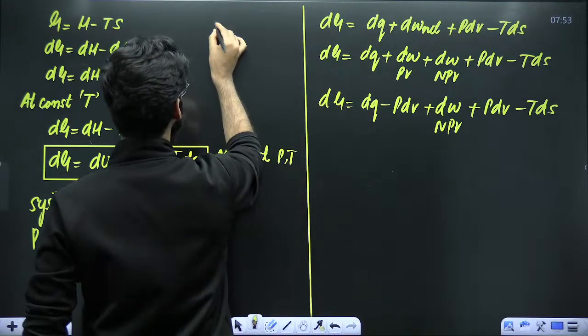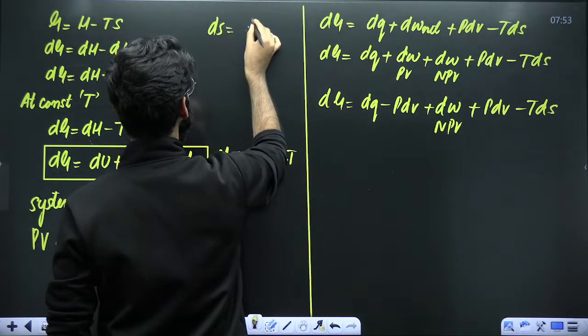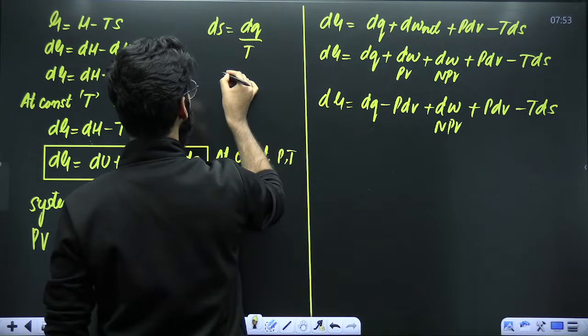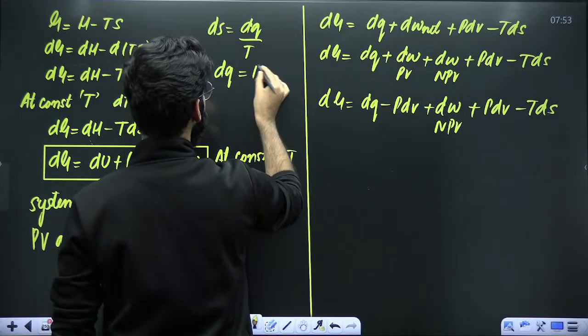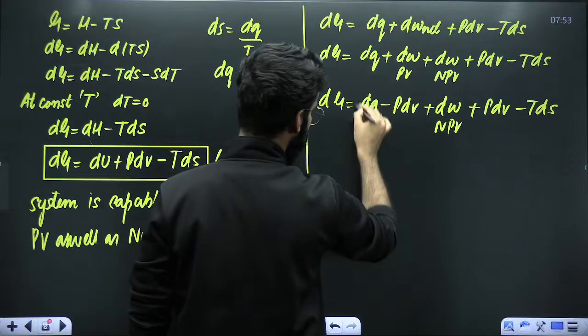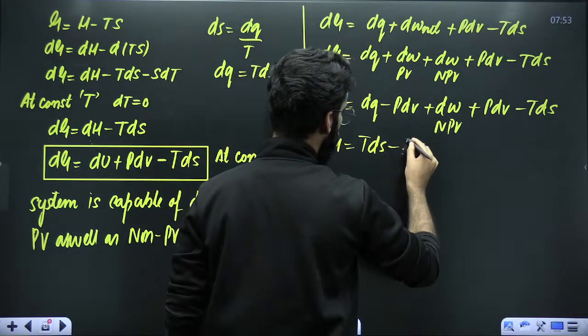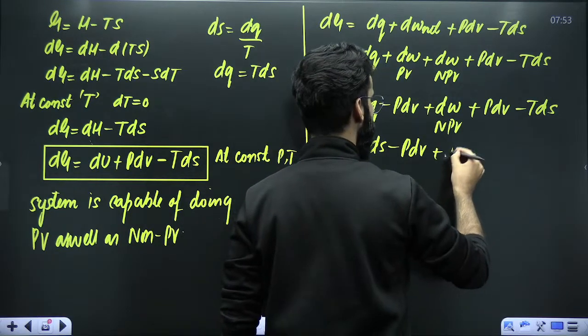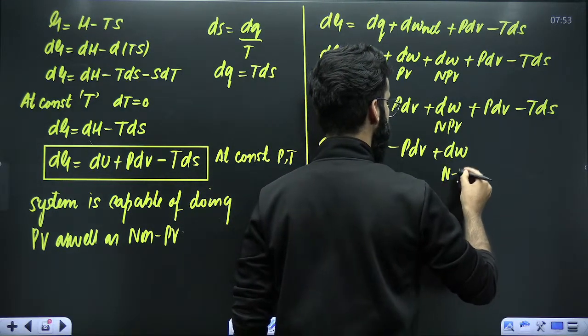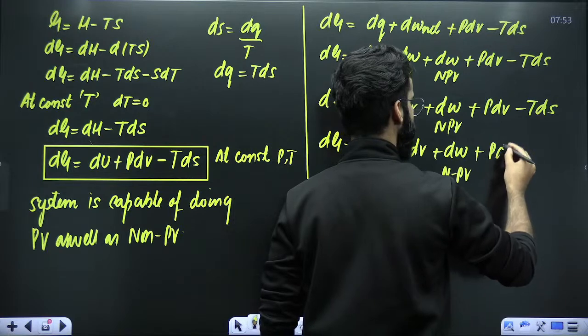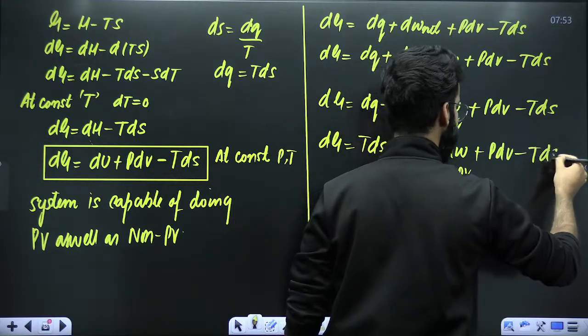See what all things will get cancelled out. One more thing: you know dS is equal to dq reversible upon temperature, so I can say dq is equal to TdS. Perfect. So instead of dq, you can write TdS minus PdV plus dw non-PV plus PdV minus TdS.